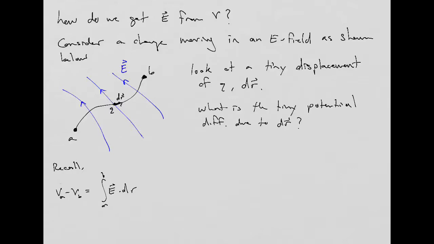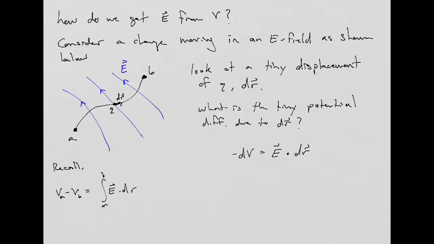So we're going to do something similar. If we have a tiny little change in electric potential, that should be equal to E dot dr.